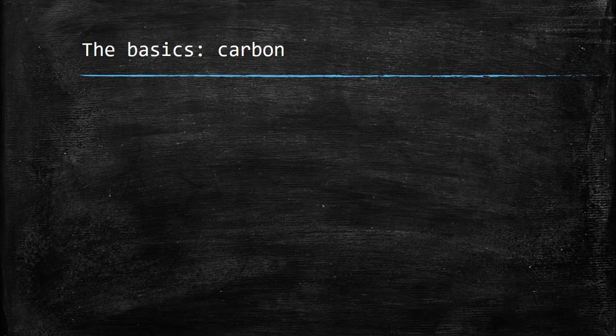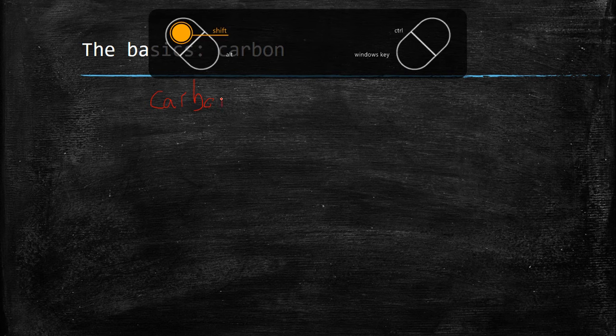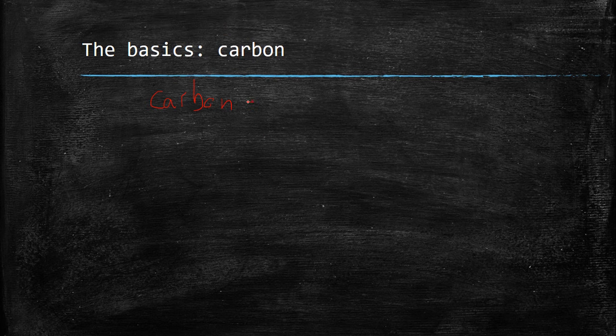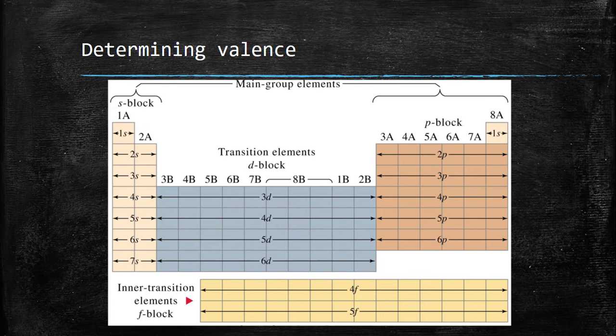Alright, so the basics of carbon that we need to know in order to work with these problems: carbon can form a maximum of 4 bonds. Carbon can never form more than 4 bonds because it doesn't have the orbitals required to do this. If you remember your Lewis dot structures, carbon has 4 valence electrons. If you want to brush up on this, remember your periodic table with its different groups.